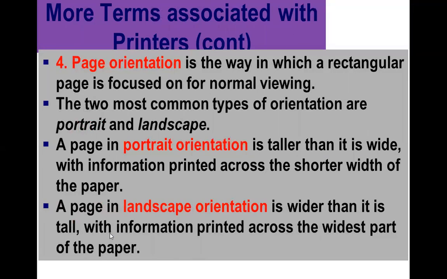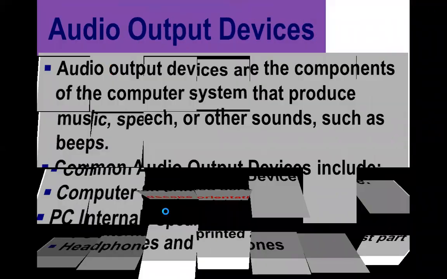With portrait, the height of the paper is taller than the width, with information printed across the shorter width of the paper. With landscape, the width is bigger than the height. So that is landscape and portrait.